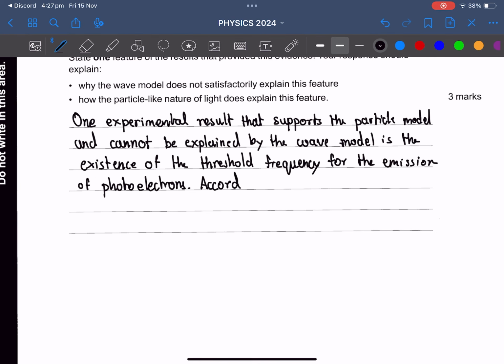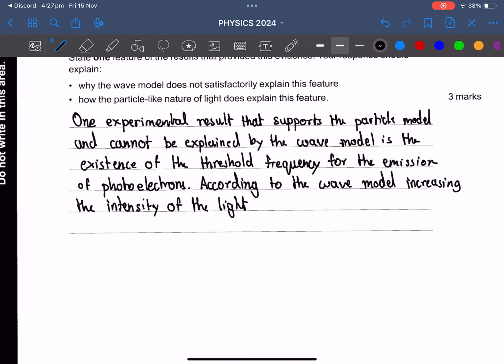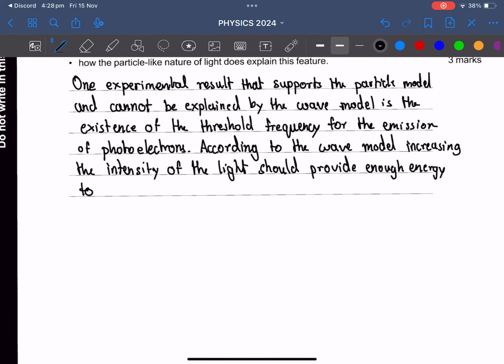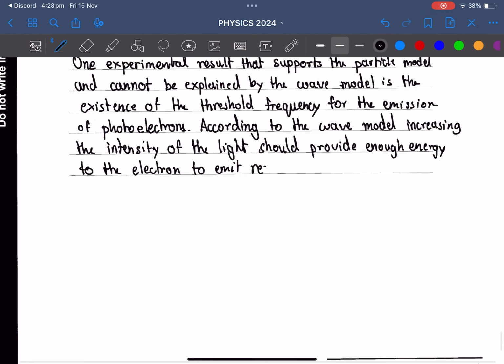According to the wave model, increasing the intensity of the light should provide enough energy to the electron to emit, regardless of its frequency.